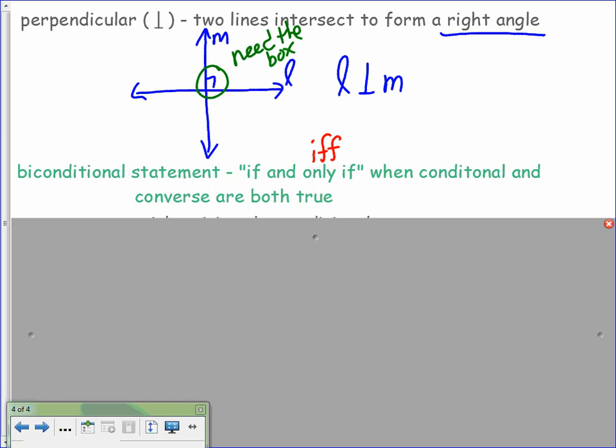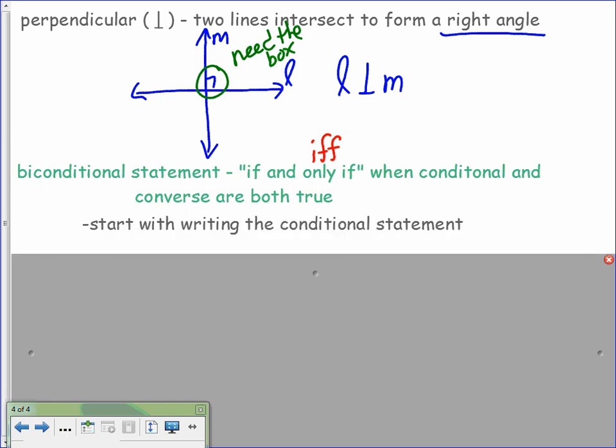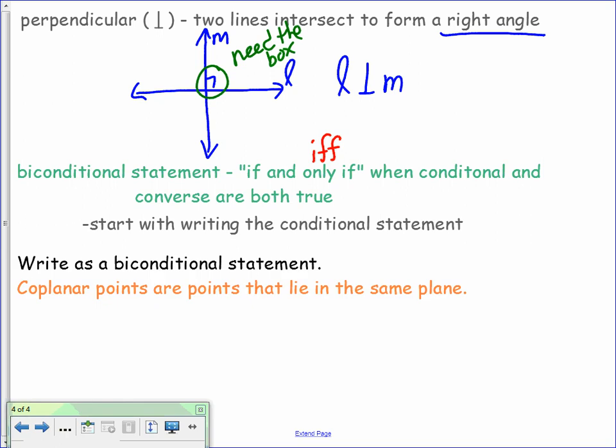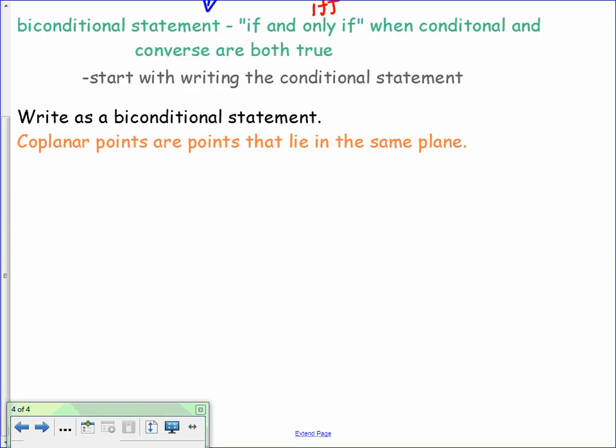It's when the conditional and converse, so if P then Q and if Q then P, are both true. So it doesn't matter which one you have first. If they're true either way, then it's a biconditional statement. And when doing these, start with writing the conditional statement, an if-then statement. Try doing that first, or at least identifying the hypothesis and conclusion, and that'll help you write an if and only if statement.